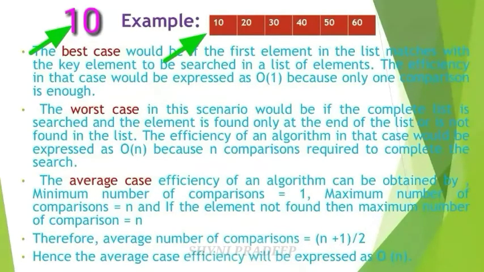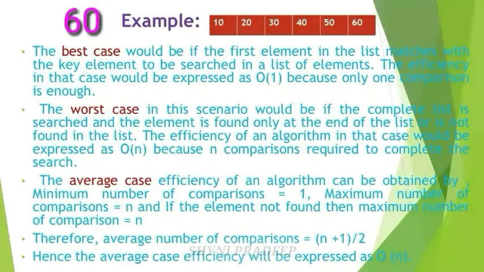So if the first element in the list matches the key element, it is called best case efficiency, because only one comparison is enough. So it is expressed as order of 1. You found the key element 10 in the first place in the list. So this is called best case efficiency of an algorithm.